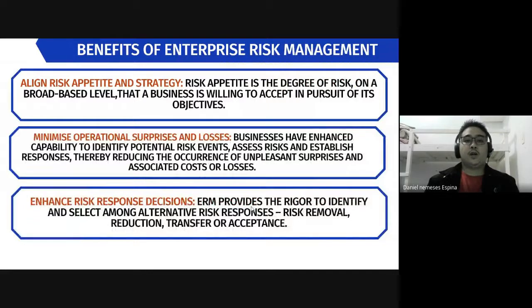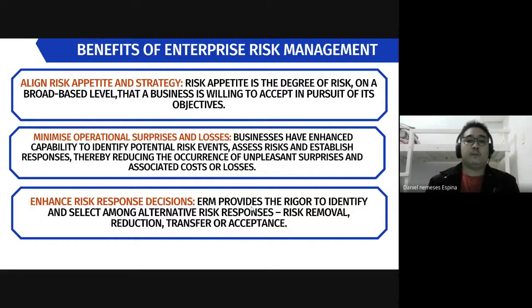What are the benefits if we implement enterprise risk management? First benefit is that we will be able to align our risk appetite and the strategy. Risk appetite is the degree of risk on a broad based level that a business is willing to accept in pursuit of its objectives.